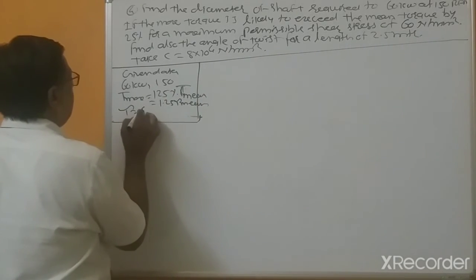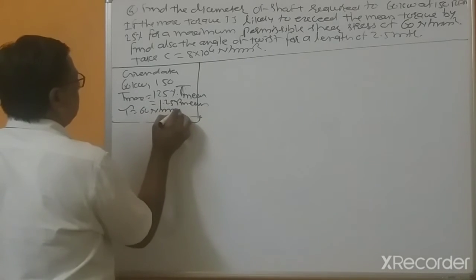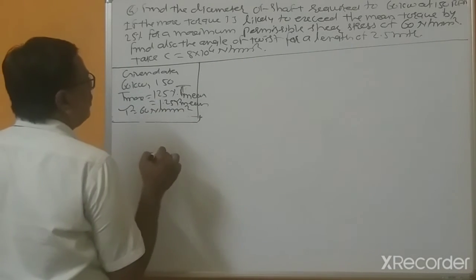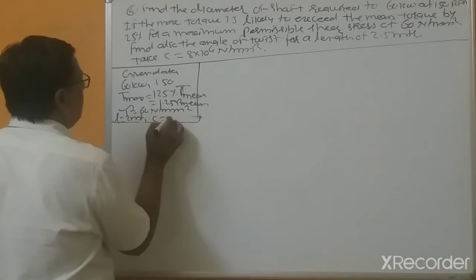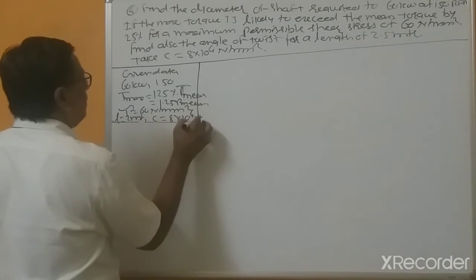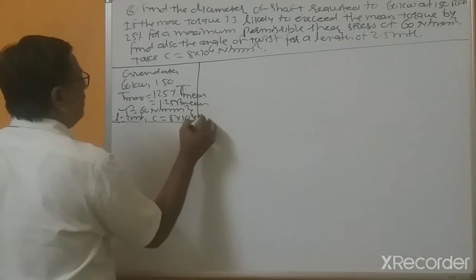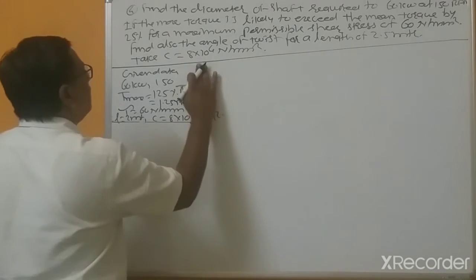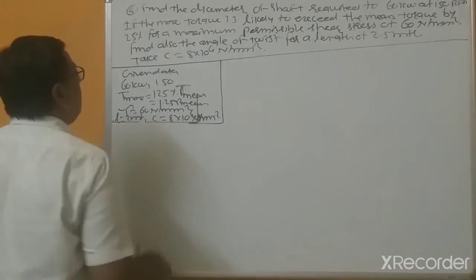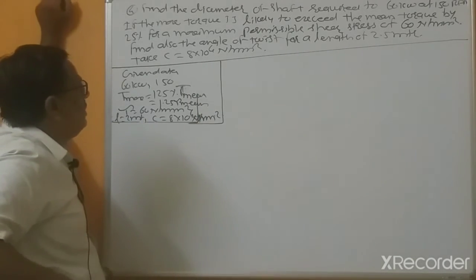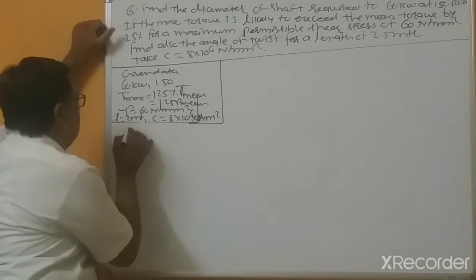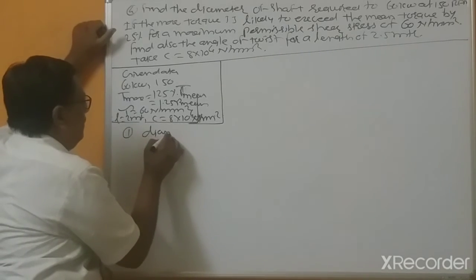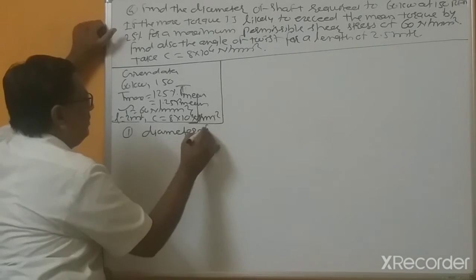Shear stress equal to, length equal to, C equal to, right? So what is to be calculated? Find the angle of twist, find the diameter. So first, diameter of shaft.